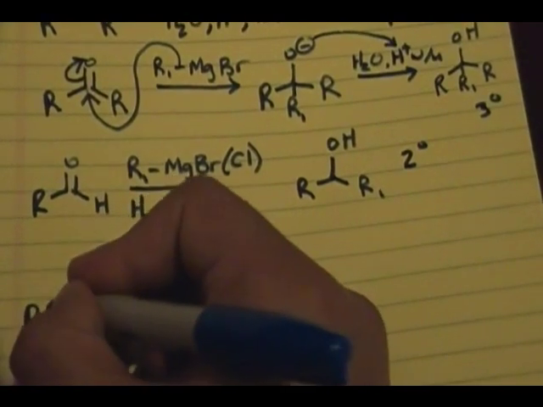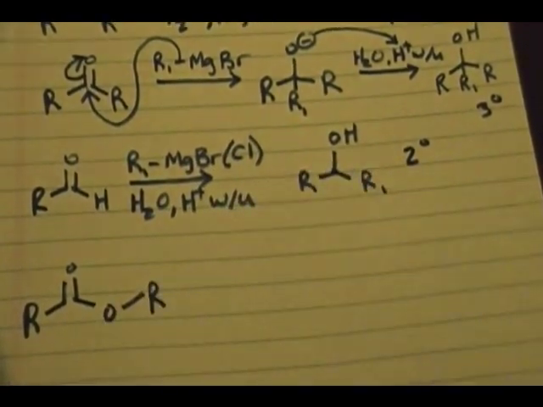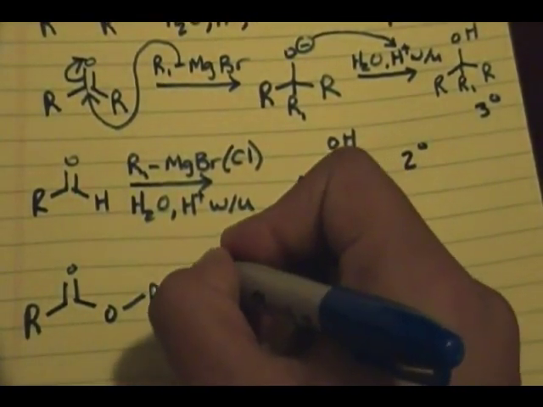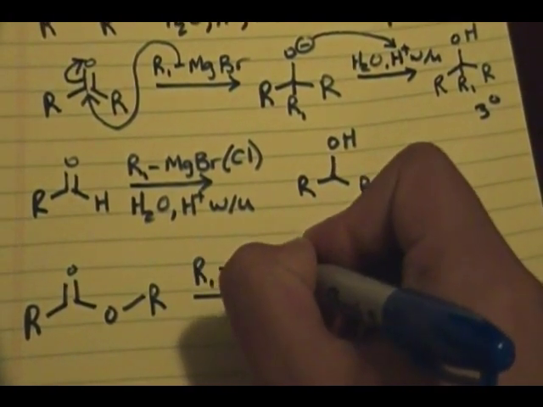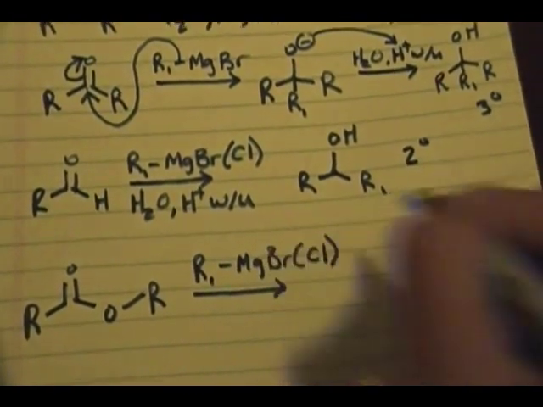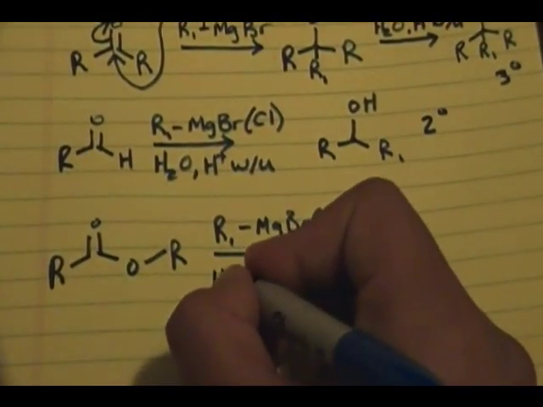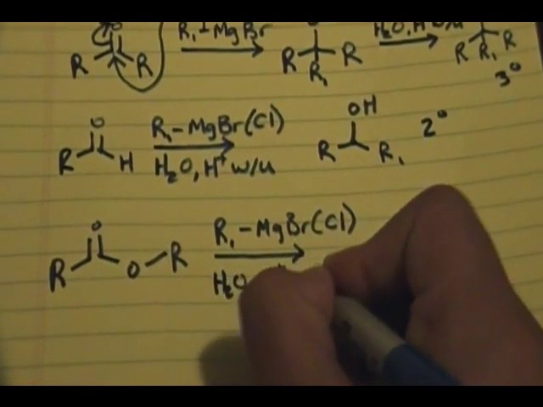So if you have R, the R right here, reacts with a Grignard reagent, you have your R1MgBr or Cl, right? This will react. You need your H2O, H plus workup.